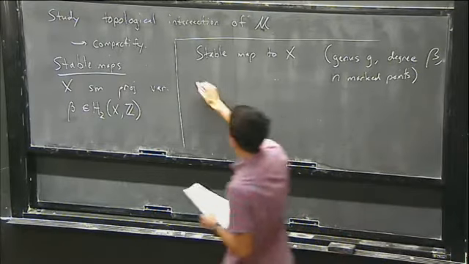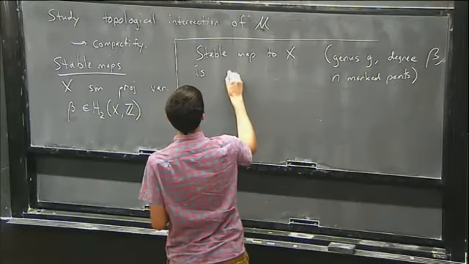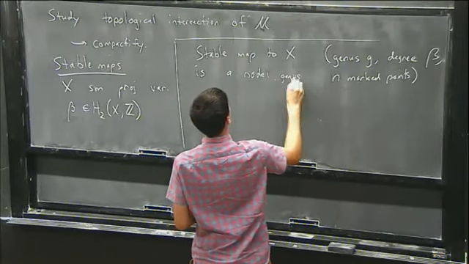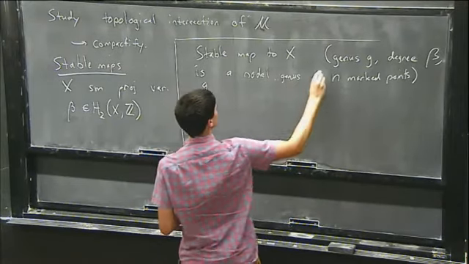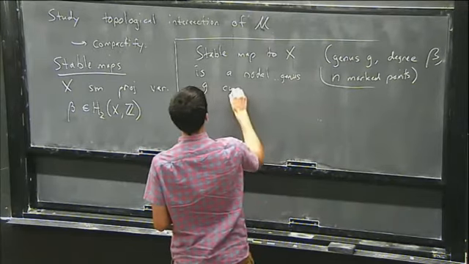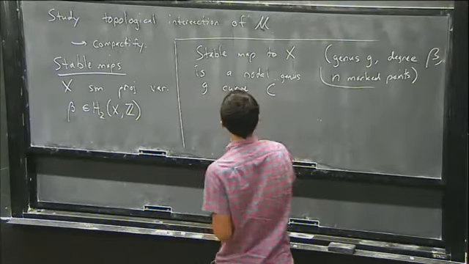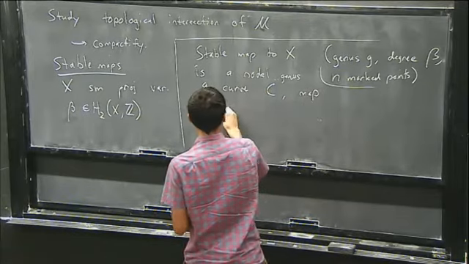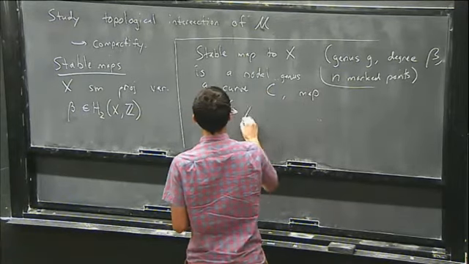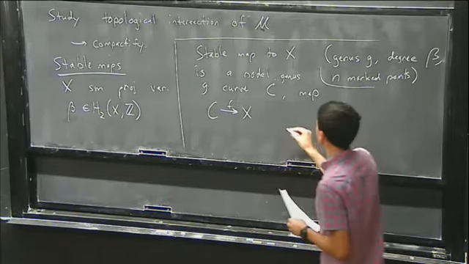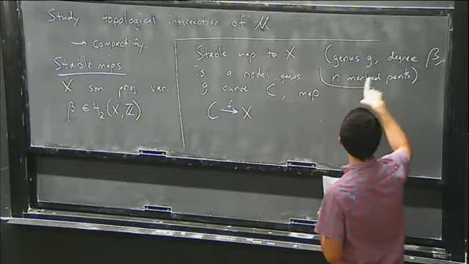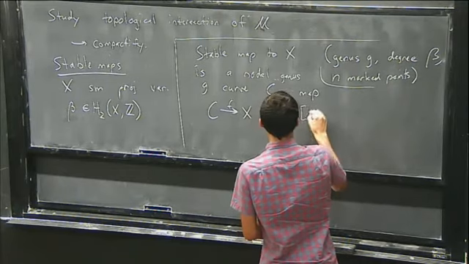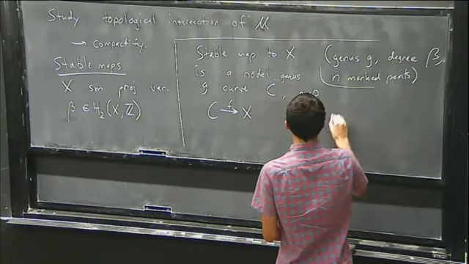is a nodal genus g curve C and a map from C to X, and it should be degree beta, meaning that if I push forward the fundamental class of C, then I get beta.